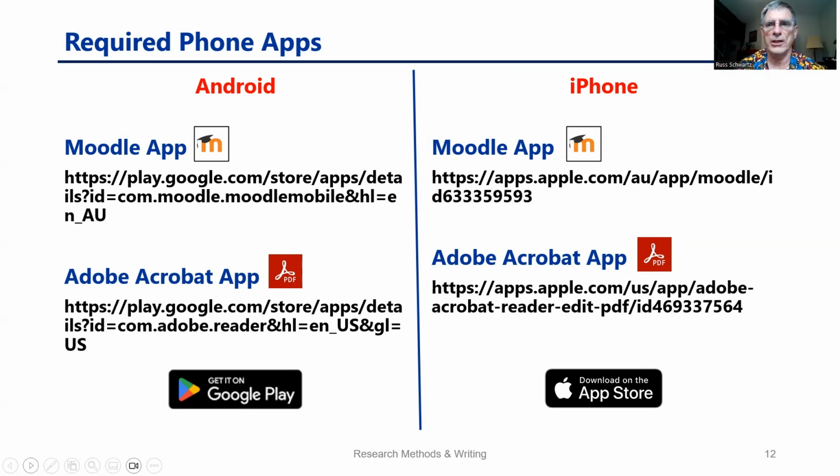There is one website to get the apps for Android phones, and there is another website for iPhones. Even if you already have the Adobe Acrobat app, make sure you get the latest version because it has a very nice feature that resizes the text that makes it easier for you to read.